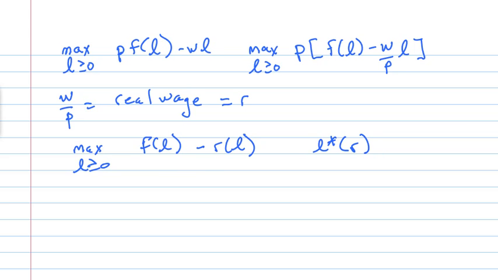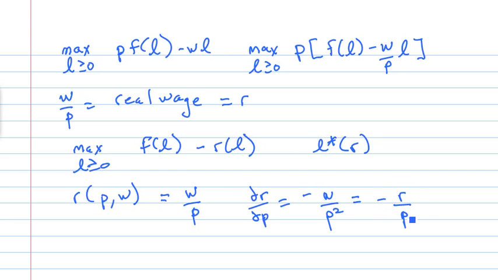In turn, we can think of R as a function of both P and W, and that function again is the function W over P, so we can compute the partial derivatives, partial R, partial P. The derivative of 1 over P is minus 1 over P squared, so that is minus W over P squared, or we can write that as minus R over P. Remember, R is W over P already. So that's the partial of R with respect to P.